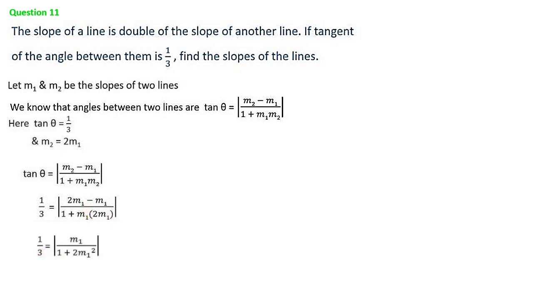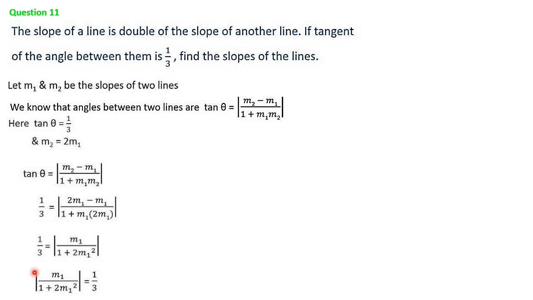So 1 by 3 is equal to modulus of (2 m1 minus m1, which is m1) divided by (1 plus m1 into 2 m1, which is 1 plus 2 m1 square). Reversing it, modulus of m1 divided by 1 plus 2 m1 square is equal to 1 by 3. The modulus means that even if a negative term is there, a positive will come out.